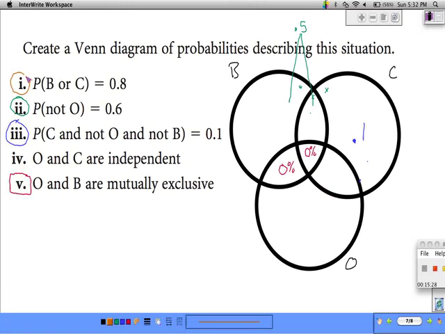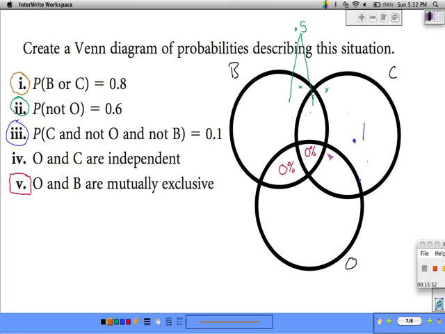Clue 1 says that B or C must total 0.8. So everything in B or C has to add up to 0.8. So I have 0.5 between these two regions, and another 0.1 is 0.6.